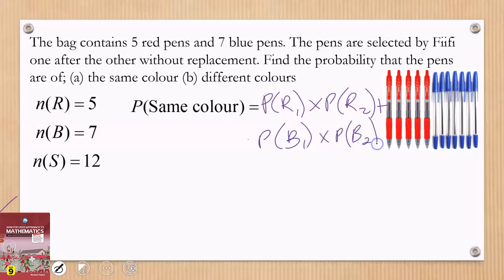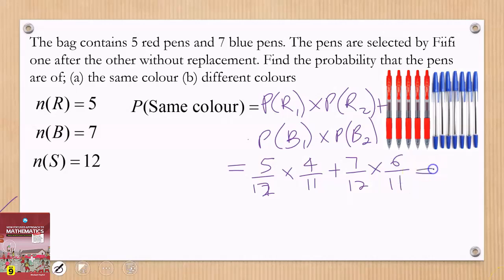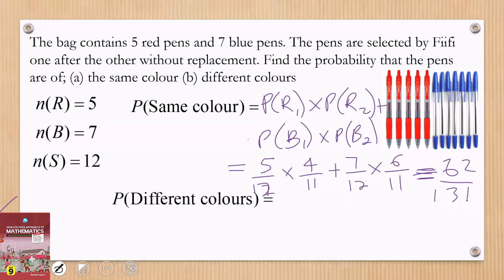So when we make substitution, we have the first one being red means 5/12 times the second one being red also, 4/11, plus the first one is blue, 7/12, and the second one is also blue, 6/11. Now if you do all this simple calculation, your final answer should come as 62/131.